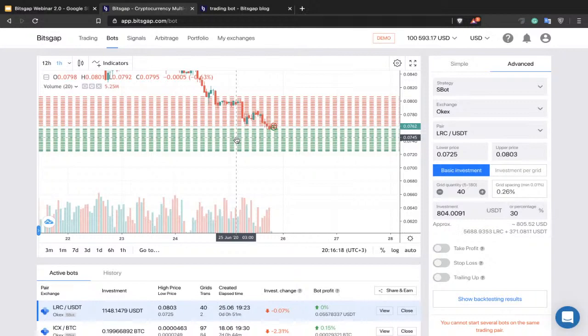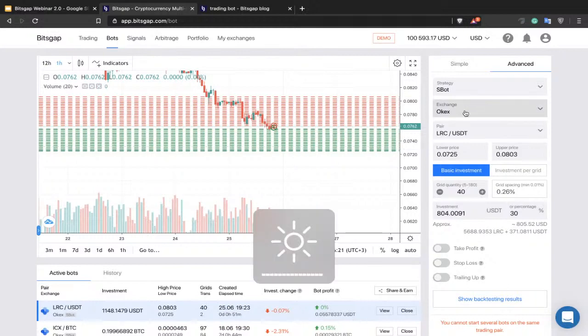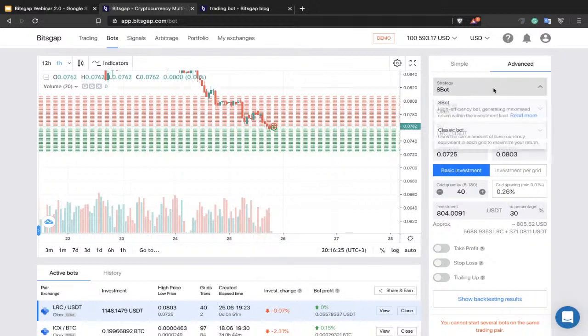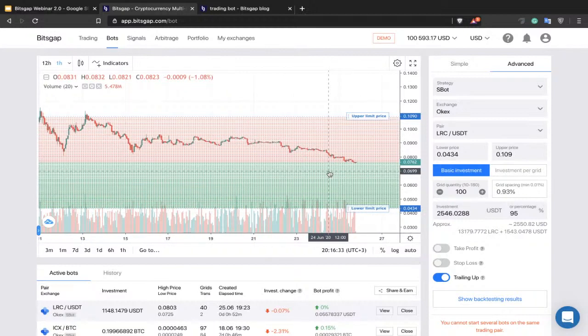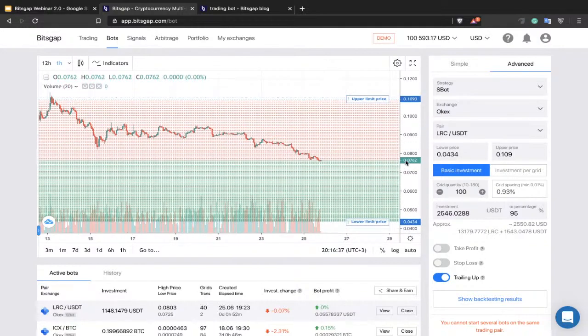So yeah, there is a question about the SBot and the minimum grid spacing. The grid spacing here for the SBot, as you can clearly see, is down to 0.01% in all cryptocurrencies where this spacing is allowed, all right?